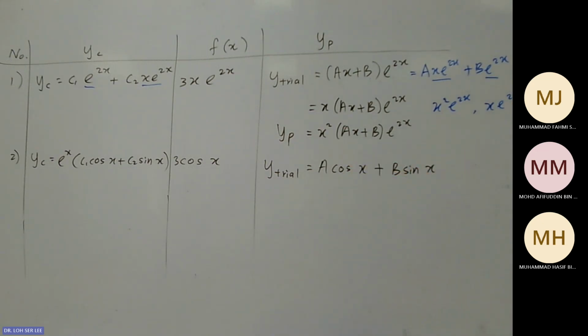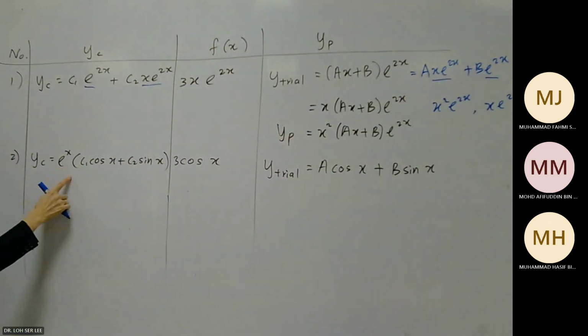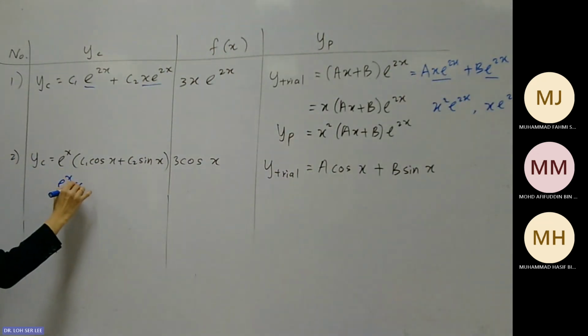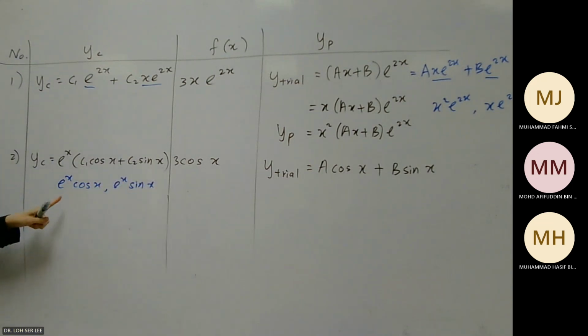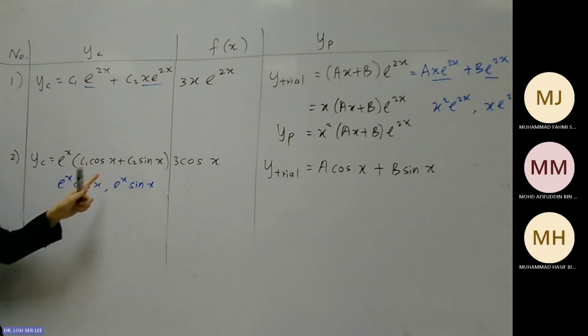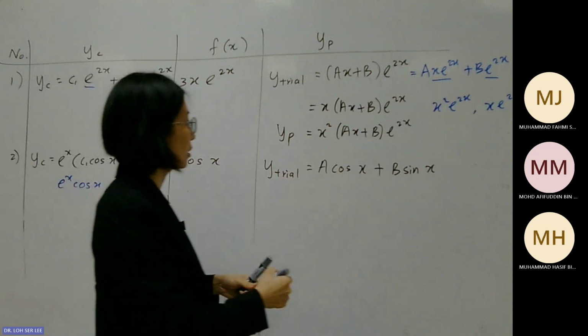Yes. What do you have here? EX cos X, EX sin X, right? Open the bracket. The function that you have is EX cos X and EX sin X. So no duplication.